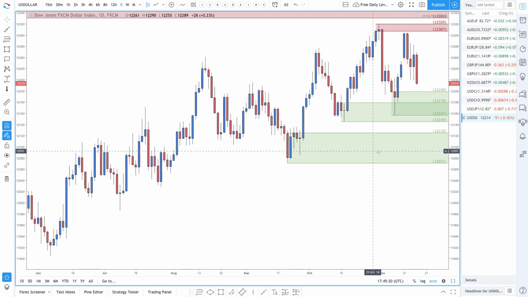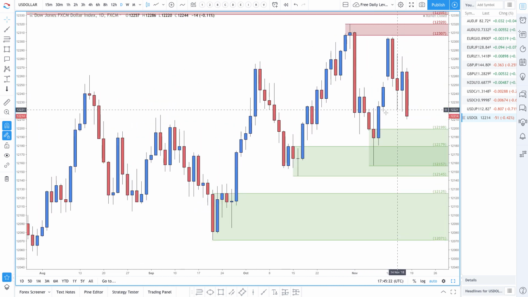So if you're looking to buy the dollar, I would probably advise, I'm not a financial advisor, but this is what I do, and I look at the US dollar index to gauge overall dollar strength, and especially try to wait for prices to come down into demand zones if I want to be a buyer, and if I want to be a seller, then obviously supply zones.